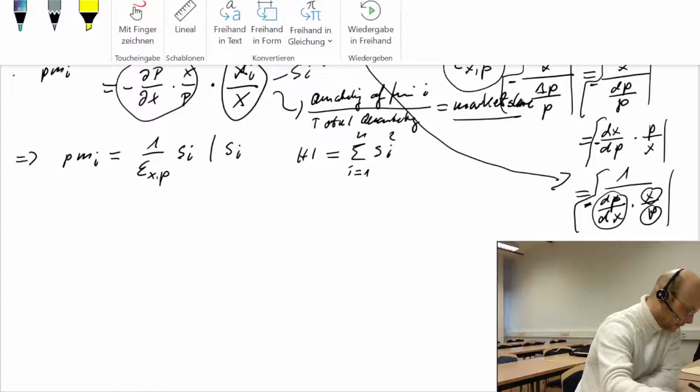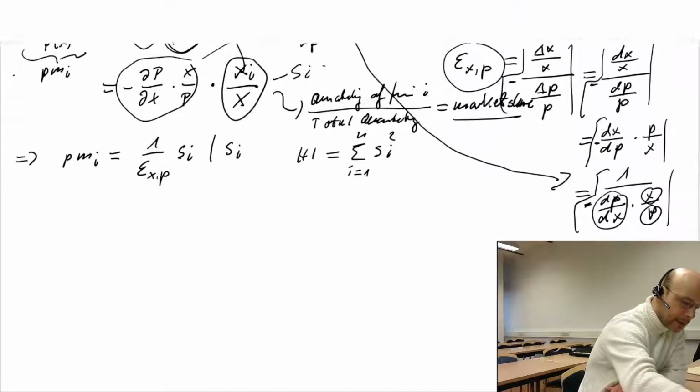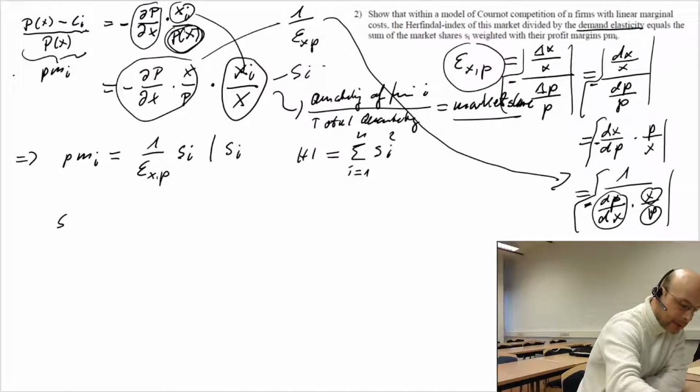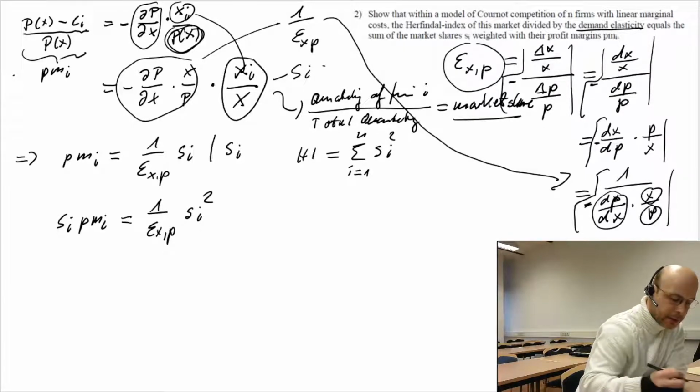So then we obtain Si times PMi equals 1 over epsilon xp Si squared.